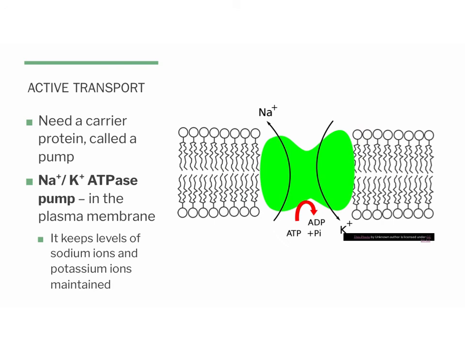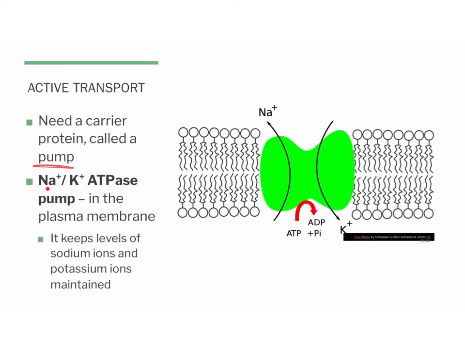In order for active transport to happen inside your cells, you have to have a carrier protein. So you have to have one of these channels in your membrane that allows certain substances to go through. Since these require extra energy, they're called a pump. You have a variety of different pumps in your cell membranes. I'm just going to point out one example because it's probably the most popular one.